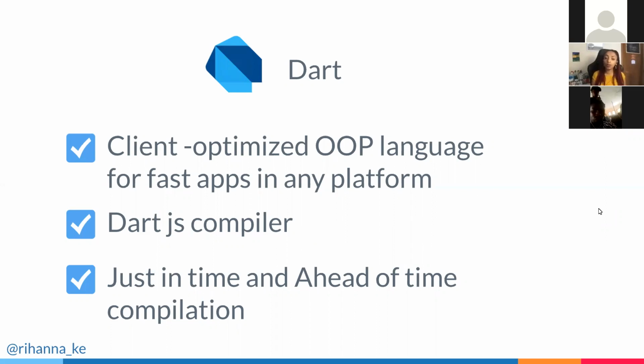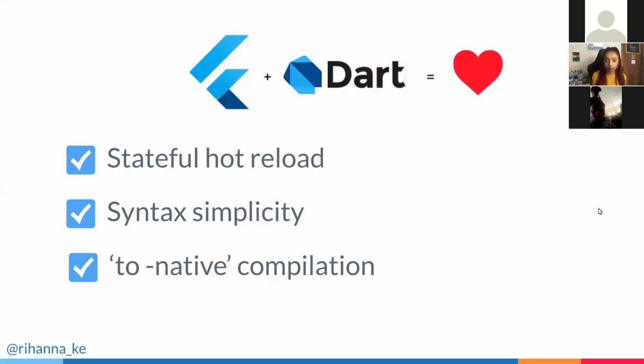It has a mature compiler to JavaScript, and it has the ability to be compiled just in time or ahead of time. This makes it clear why Dart better suits Flutter. It takes credit at least for the stateful hot reload, the syntax simplicity, a declarative way to write code, and the native compilation feature.